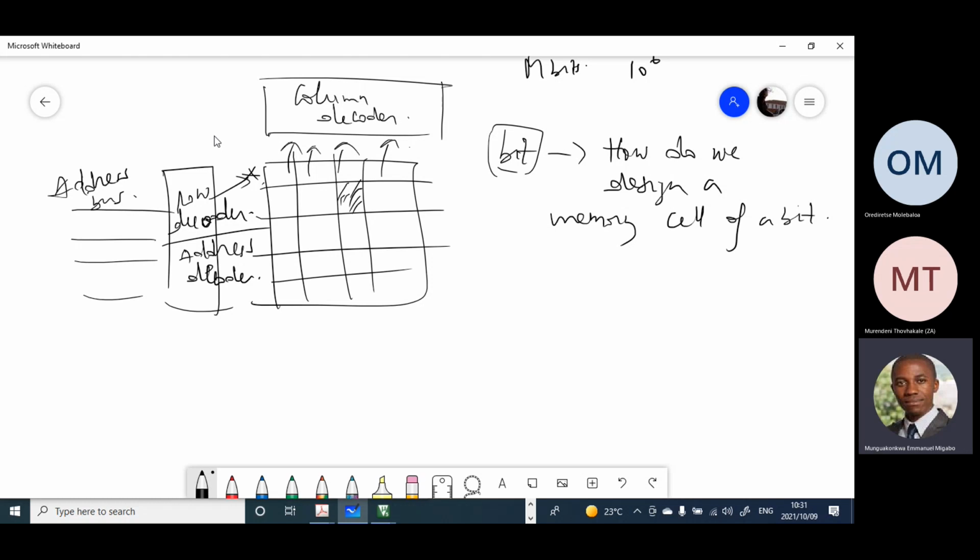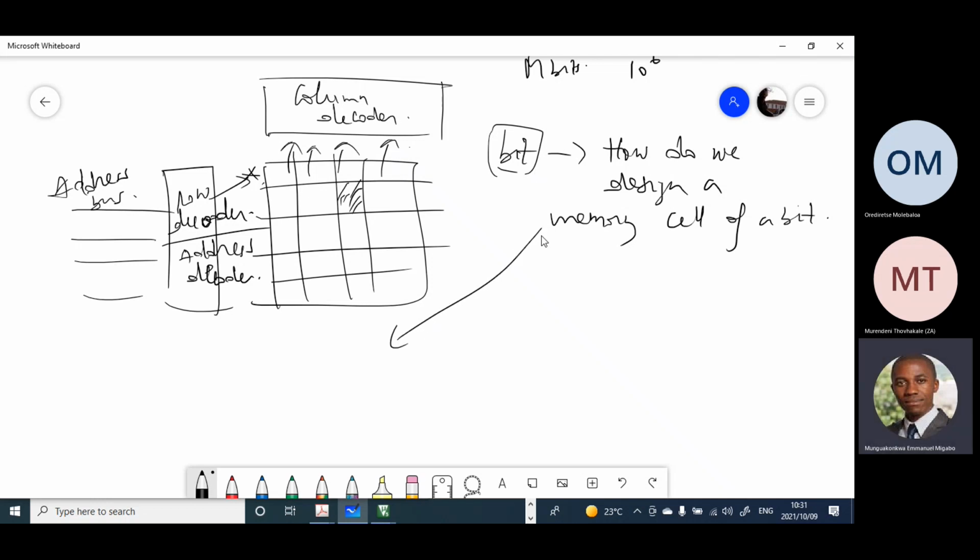No. I'm talking about the hardware design now. You are designing a memory device of 1 bit using electronic components. You forgot. Through a matrix. Through a matrix? No. Okay.